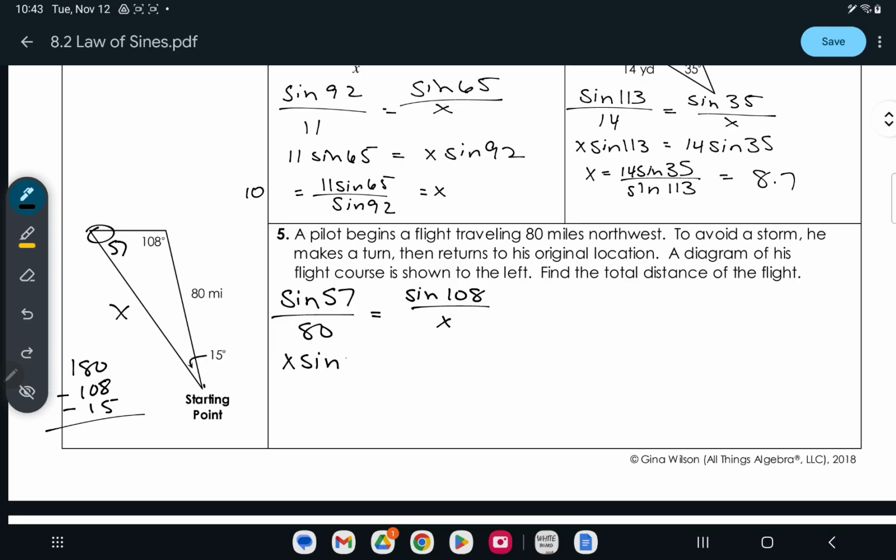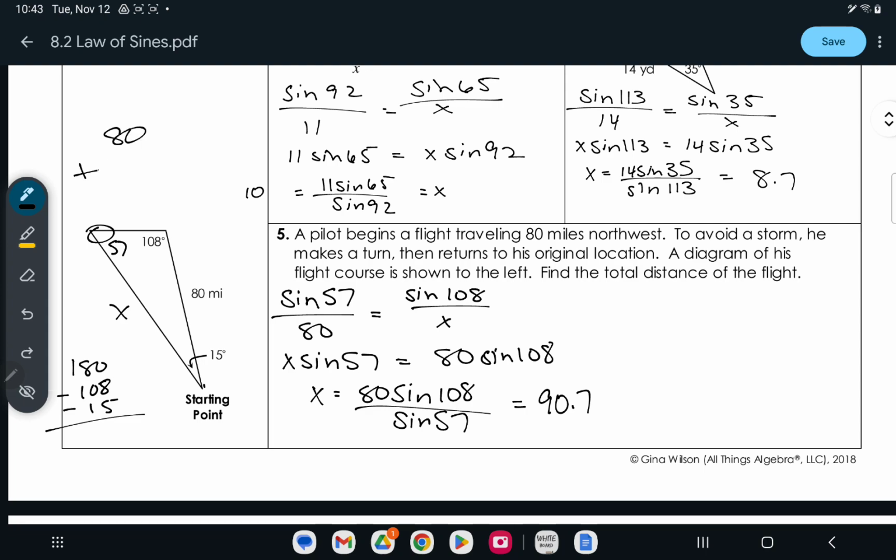So x sine 57 is 80 sine 108. Divide both sides by sine of 57 to get x equals 90.7. So I'm going to make a list over here: 80 plus 90.7 plus the other distance I'm about to find.